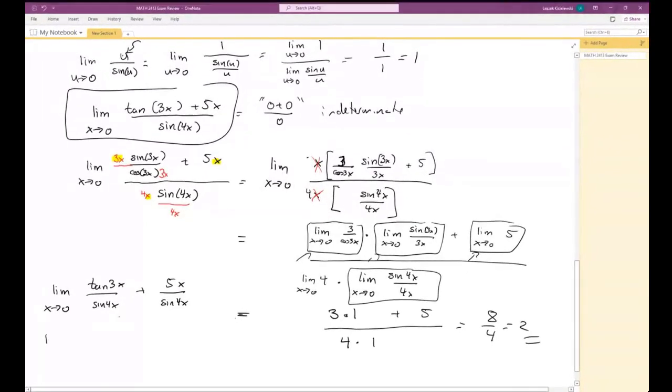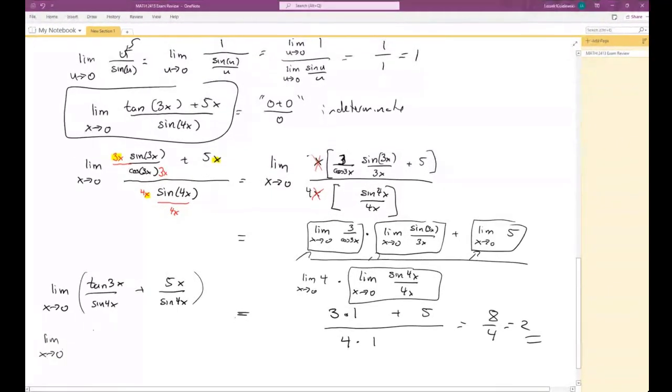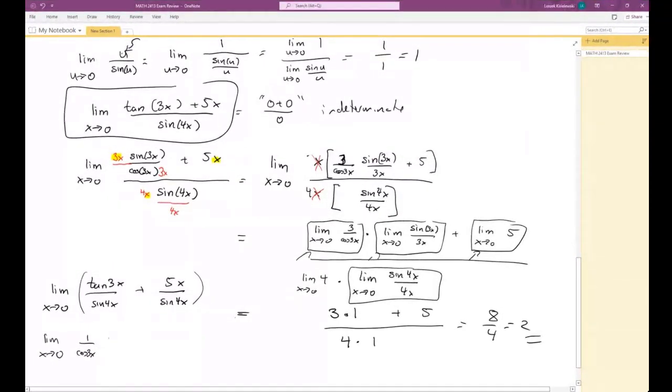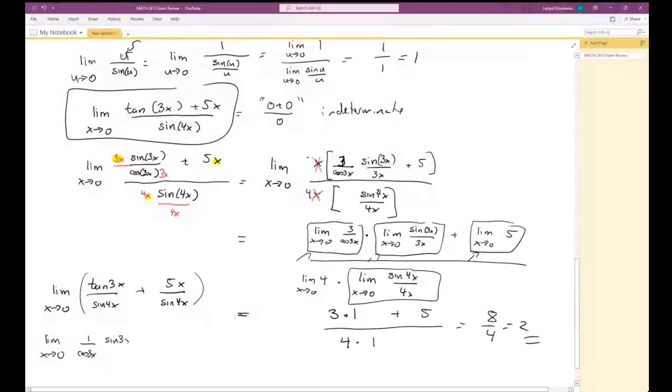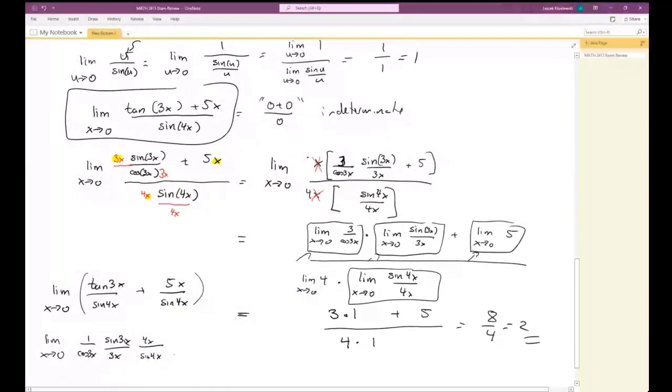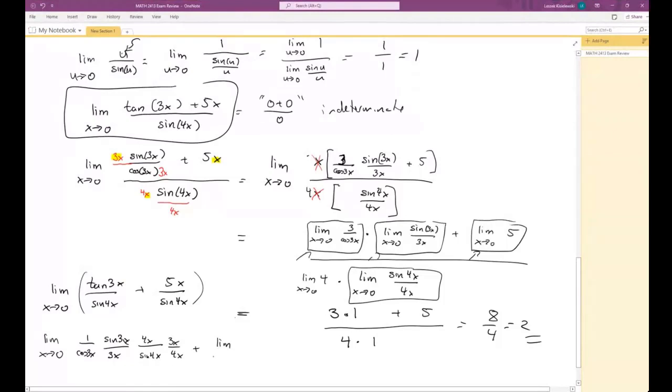And then with the limit rules, we can just take the limit of each term individually and think of this as 1 over cosine 3x, sine 3x, and then sine 4x in the denominator. So then we introduce a 3x here, 4x there, and of course introduce that out to keep everything the same. Absolutely very good.